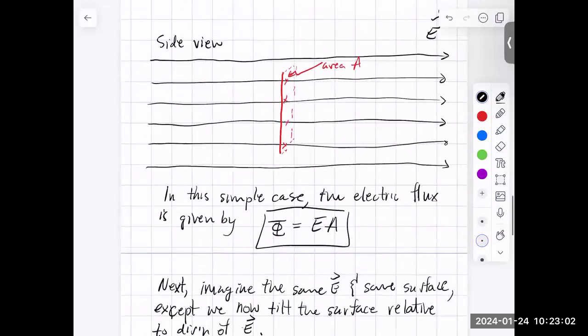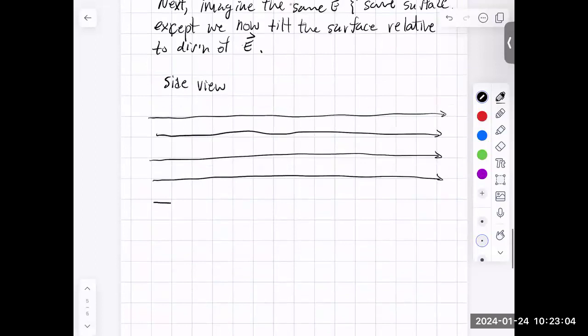How many did I draw? 1, 2, 3, 4, 5, 6. Okay.